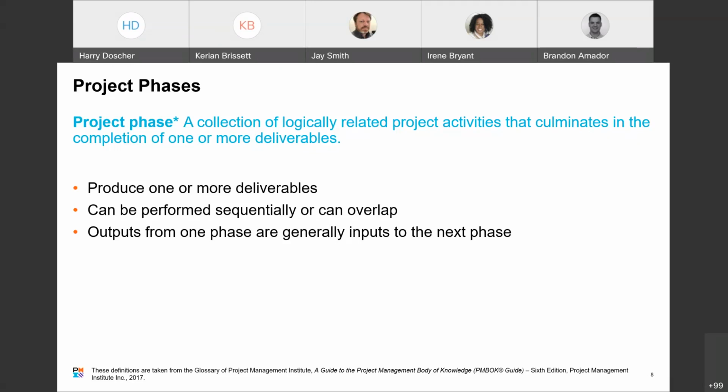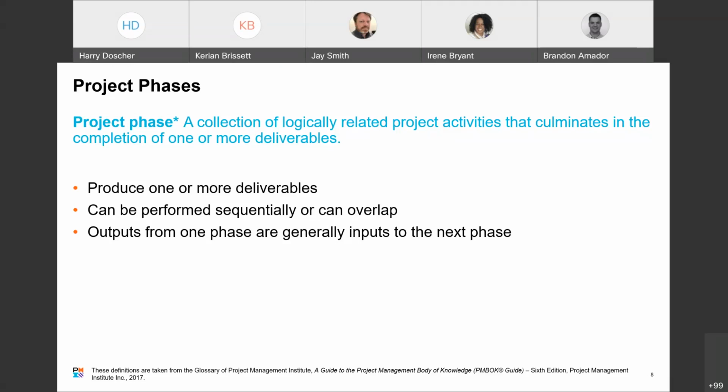As I said, it could be the complete paving of a section of road, which would include all the grading, all the prep work, all of the using of ballast, pouring concrete or asphalt, and doing all the striping and anything related to that, landscaping, so that all of those deliverables could be contained within a single phase.